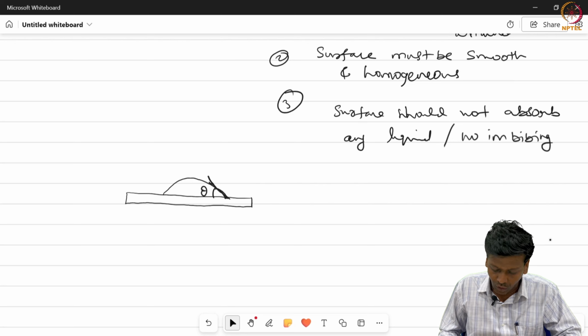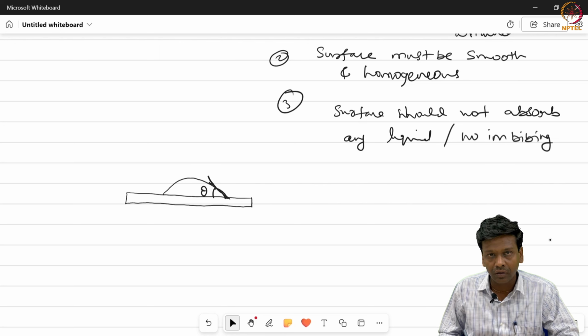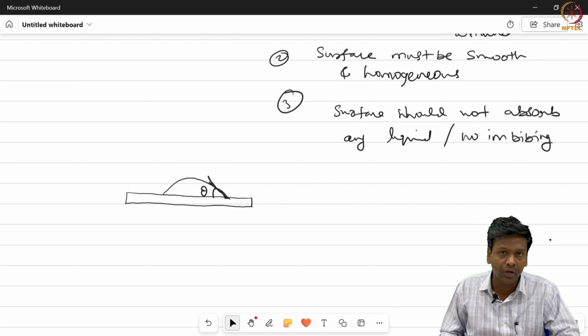There are three governing forces which dictate the contact angle, which decides what theta is going to be on the surface. For example, when you spread a low energy liquid on a high energy surface, it will spread, whereas when you spread a high energy liquid over a low energy surface, it will not. This is dictated by the surface energies.